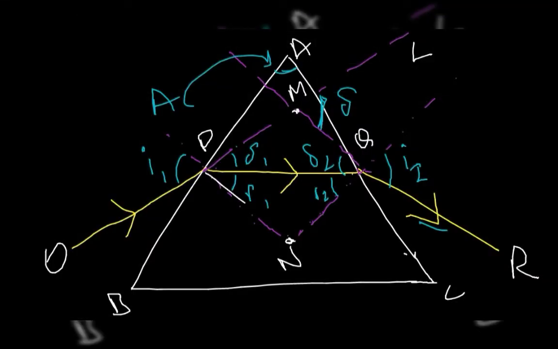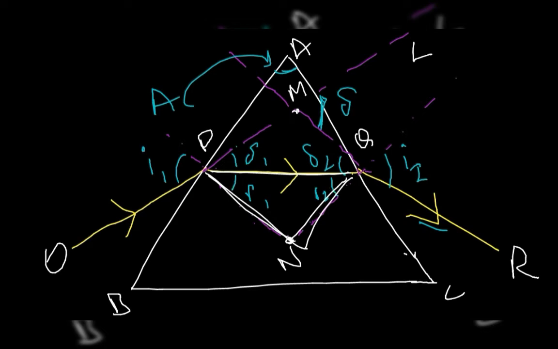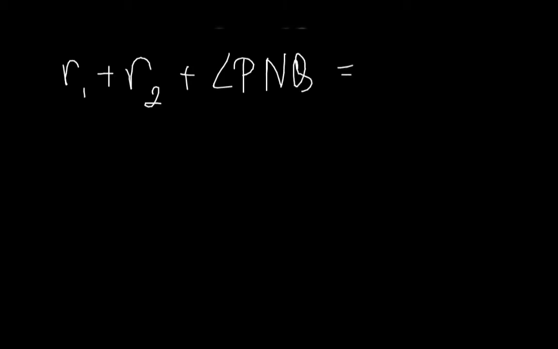So now if you see clearly again in the diagram, look at this triangle. In this triangle, as you can see, one angle is R1, another angle is R2, and one angle I don't know. I know that is PNQ. What is wrong with me today? So what I can say here is that R1 plus R2 plus angle PNQ will become 180 degrees because they form a triangle.